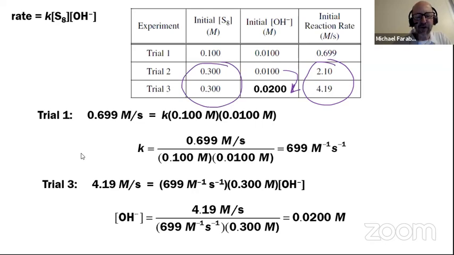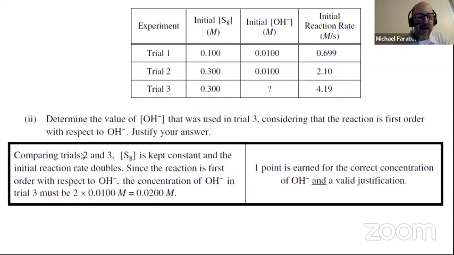Without even solving for the rate constant, you could have just said, comparing trials 2 and 3, sulfur is kept constant, the initial reaction rate doubles, and since we know it is first order with respect to hydroxide, then the concentration must be twice as much. So again, they got the answer, which was 0.02 moles per liter. So either solving for K or simply comparing trials 2 and 3 with all the information that was known and given, that could have given you the answer.